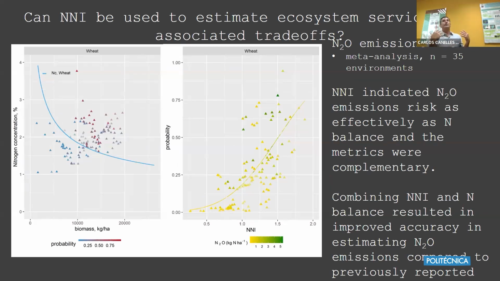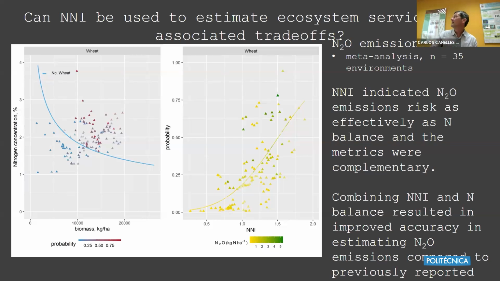From a plant physiological perspective, it should be a good predictor. If your plant is in luxury consumption, what does that mean for the soil environment it's in? It means the soil likely has conditions where a little bit of moisture differentiation is going to lead to gas off. If you are sufficient or below the NNI of 1, you're likely not going to have much opportunity for nitrous oxide emissions.